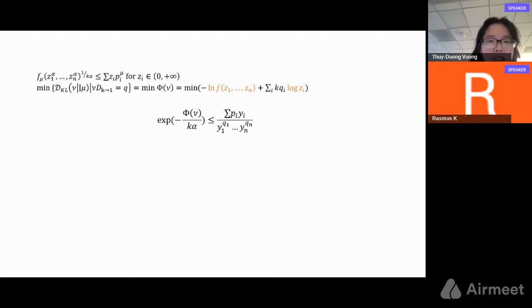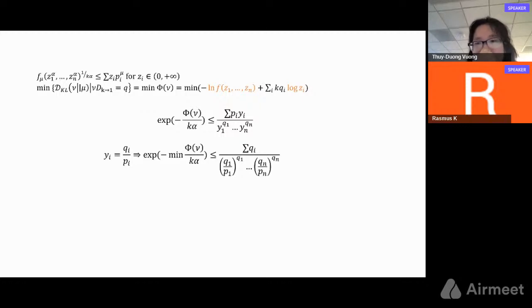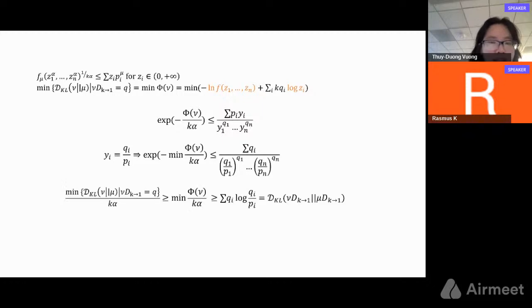Now to do this minimization, we need to maximize the exponential of φ(ν). Because we have the tangential inequality here, we can apply the tangential inequality, and then set y_i to be q_i over p_i, and after some rearranging, we get back the desired inequality.